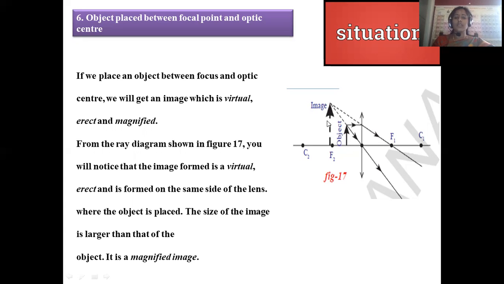So you can say it is a virtual image. The size of the image is larger than that of the object, and it is said to be a magnified image. What is the direction of the object? The image is formed in the same direction, vertical upright, an erect one. This is condition number 6.